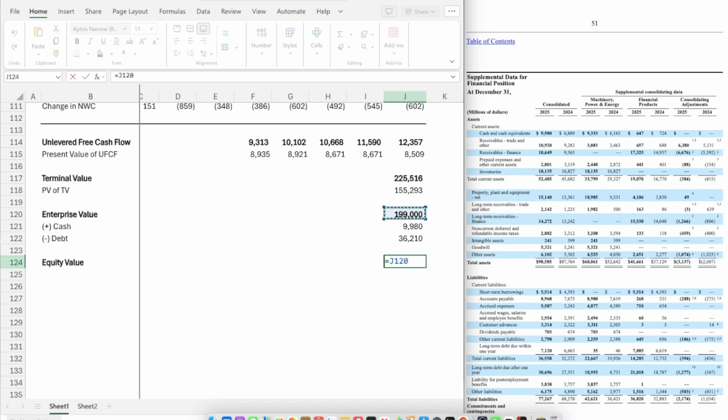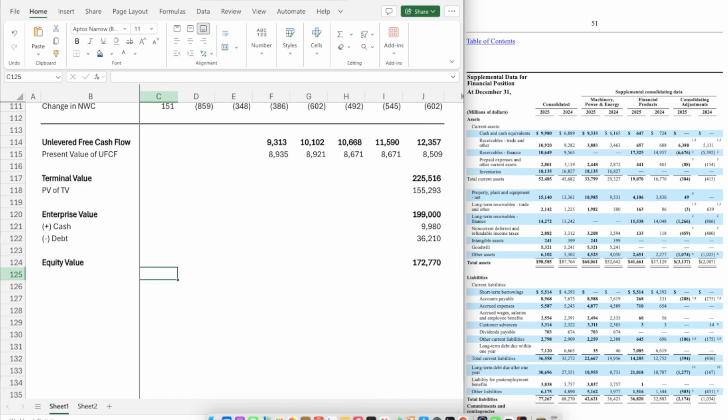We'll take your enterprise value, add back in your cash, subtract your debt. So we have it: 171,72, about 170 billion.